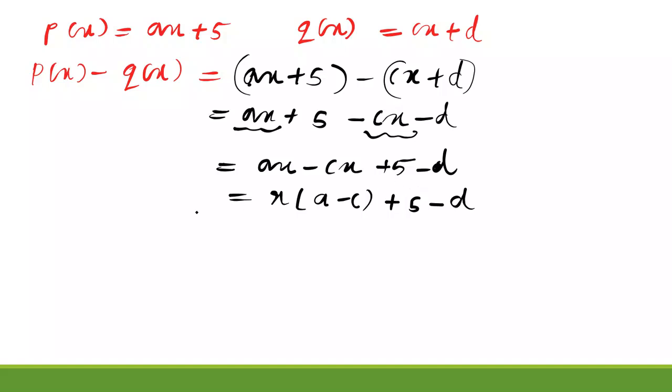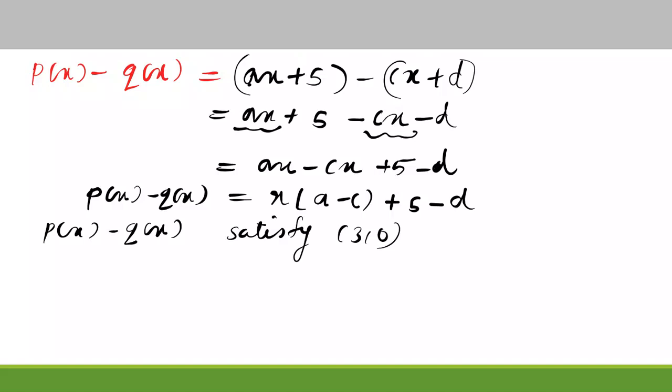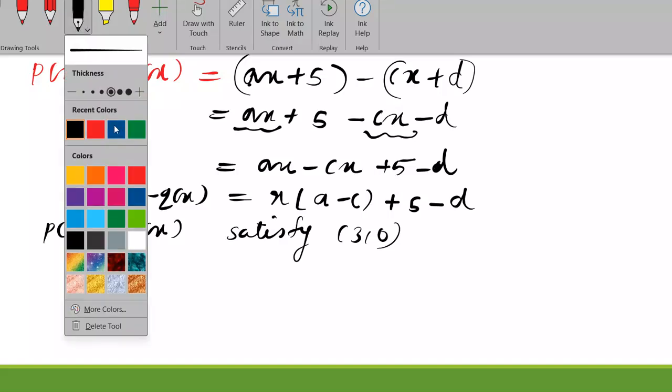Understood? In the question it is given that p of x minus q of x cuts the x-axis at (3, 0), right? So p of x minus q of x satisfies the point (3, 0). I have to substitute x equal to 3 and y equal to 0 into the equation.